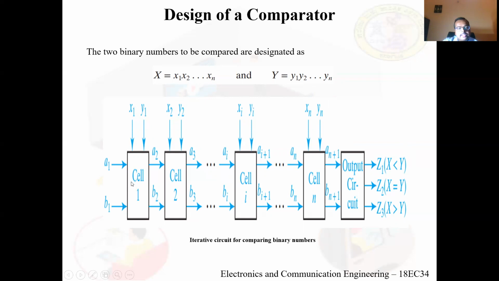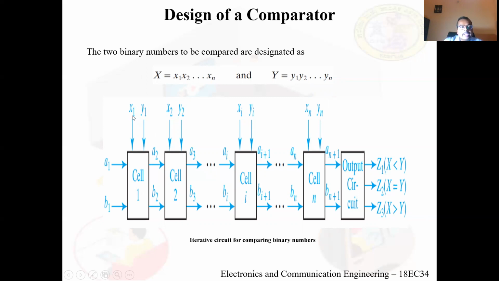The comparison proceeds from left to right. The MSB bit is given to the leftmost cell and the LSB bit is given to the rightmost cell. All these inputs x and y, of length n, are applied in parallel to all of these cells. The comparison is performed from left to right.